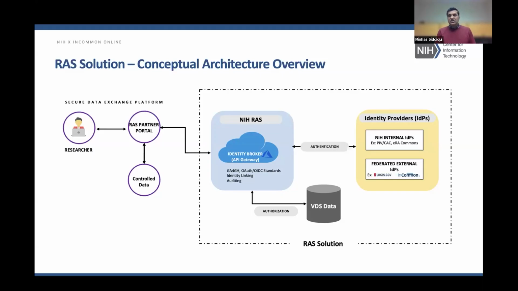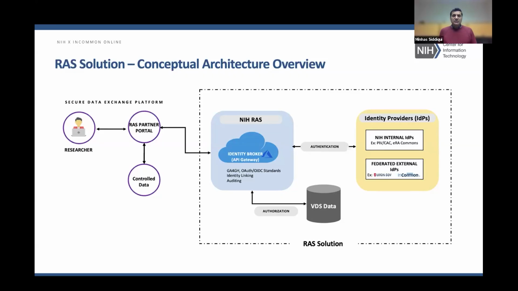RAS performs two main functions, authentication and authorization. But for the CADRs, we are mostly focused on authentication. But again, if the CADRs require authorization, then RAS will perform that as well.